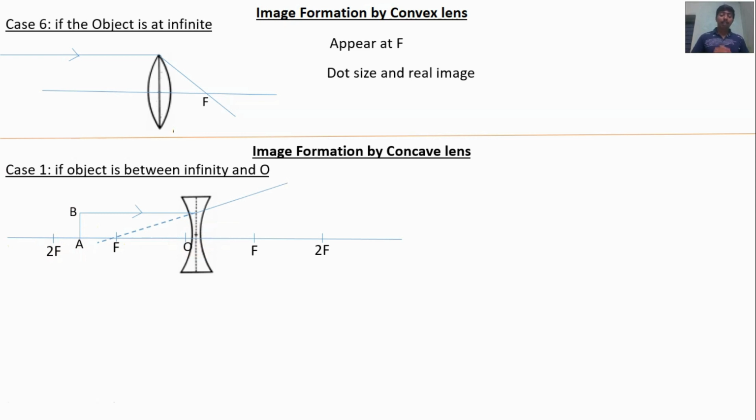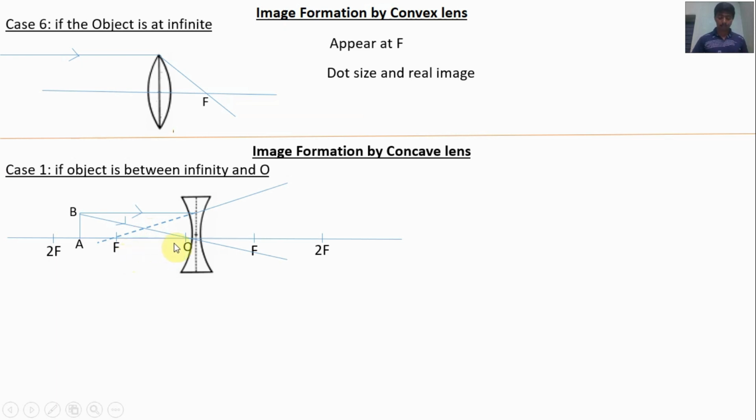But for the concave lens, the rays passing parallel to the principal axis diverge from the focus. This ray is a virtual ray. The virtual rays meet between F and O, between the focal length and optic center.